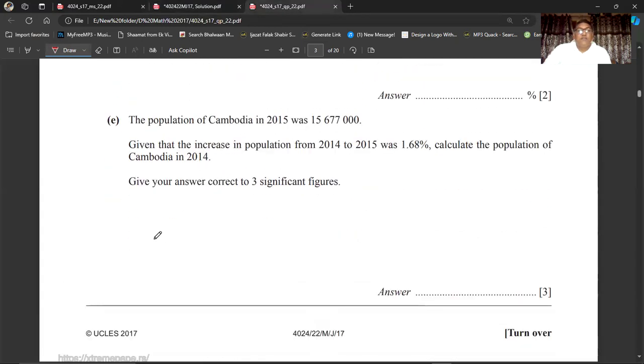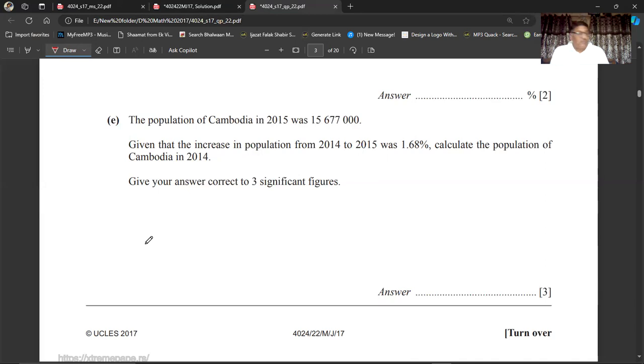Question number 2, it's E part. He says the population of Cambodia in 2015 was 15,677,000. Given that the increase in the population from 2014 to 2015 was 1.68%, calculate the population of Cambodia in 2014. Give your answer correct to three significant figures.